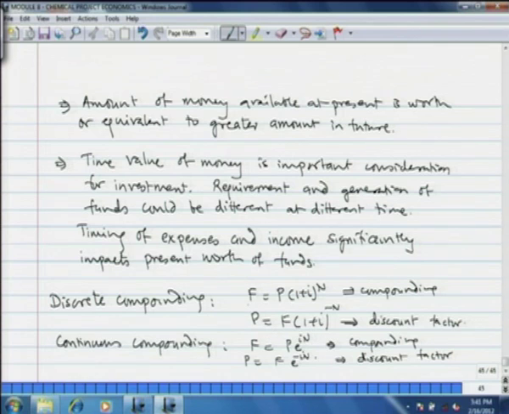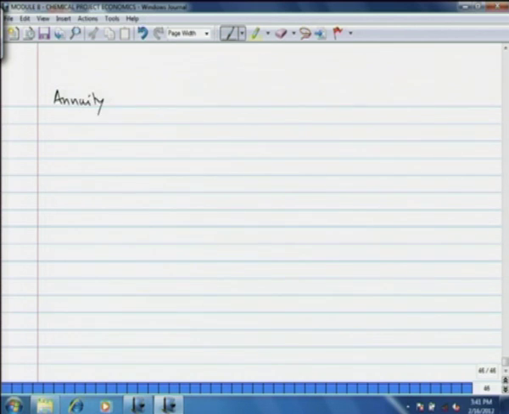Now, in many cases we have to make investment as a single installment or a series of installments over regular time intervals, per month or per quarter or per year. That is known as annuity, or also recurring deposit.